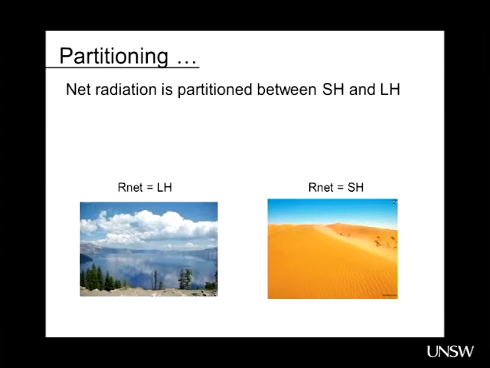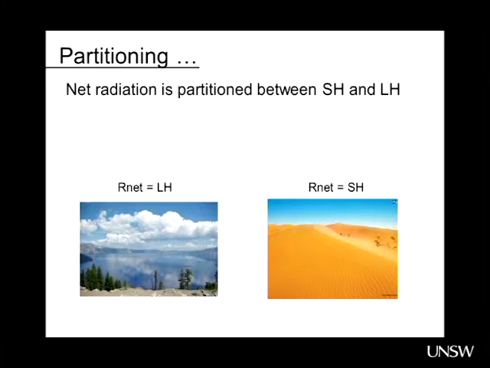What do you spot as basically different between these two? What can you see? Clouds. If you're driving the system with sensible heat, and there's no moisture, you ain't going to get any clouds. If, in contrast, you're using energy to drive evaporation and you're pumping moisture into the atmosphere, you tend to get clouds, and therefore a feedback on the amount of energy available at the surface to drive processes.